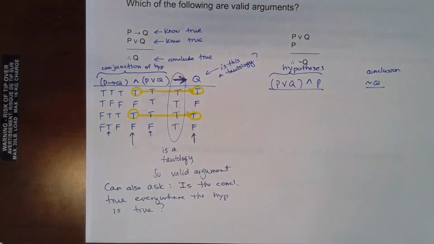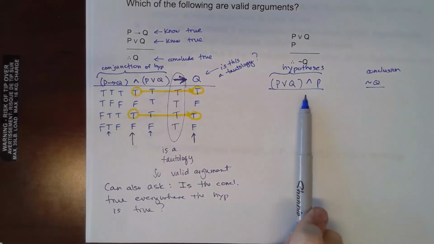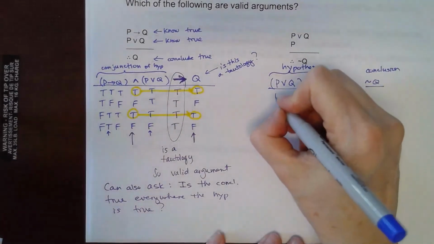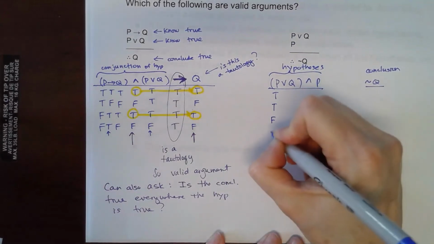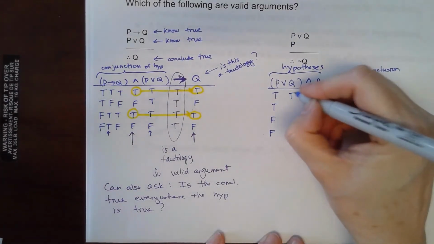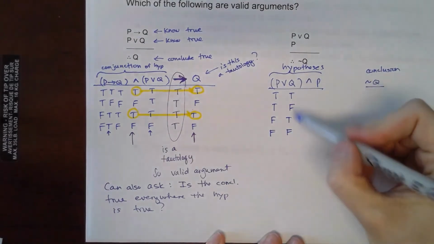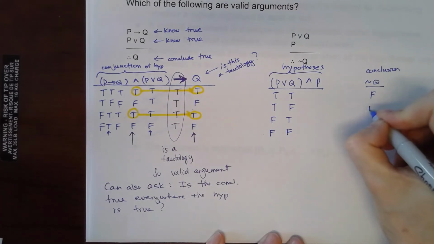And so we just need to look, okay, is everywhere that this one is true, do we also have this one true? So this is true, true, false, false. And this one is true, false, true, false. So our not Q, just negating these, is going to be false, true, false, true.